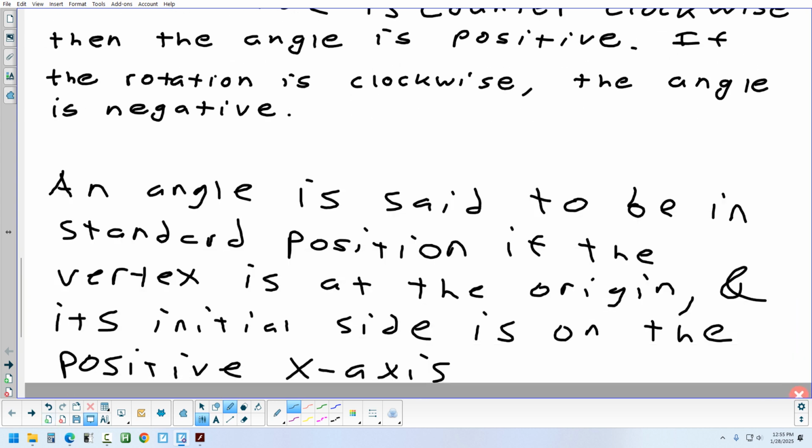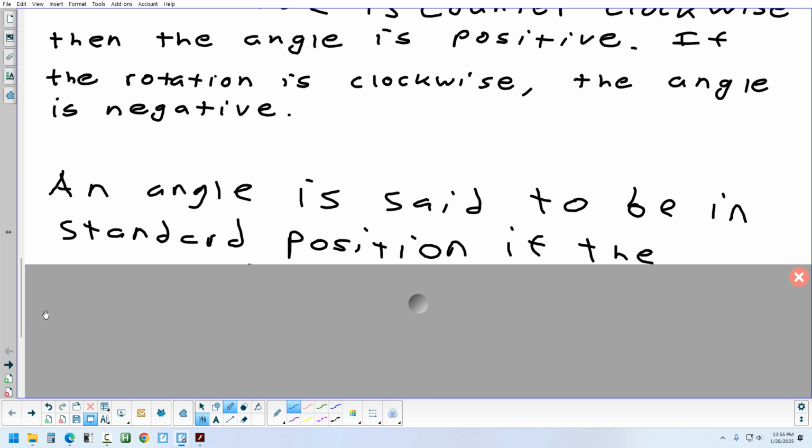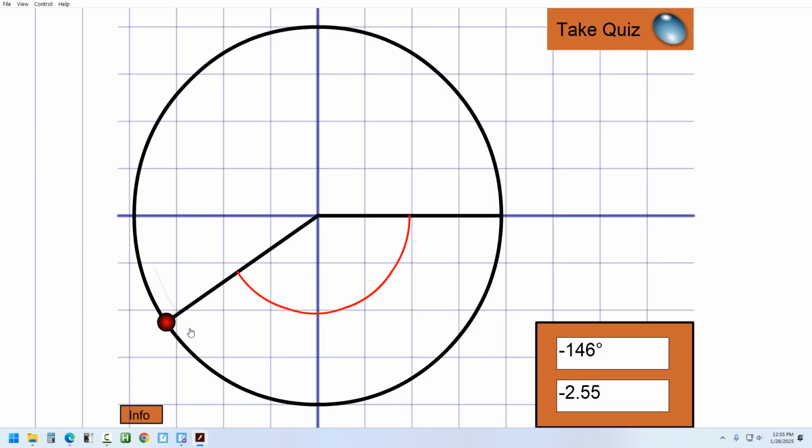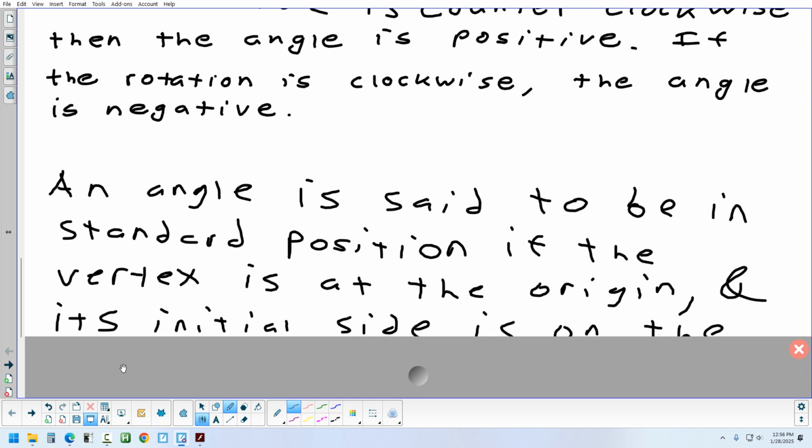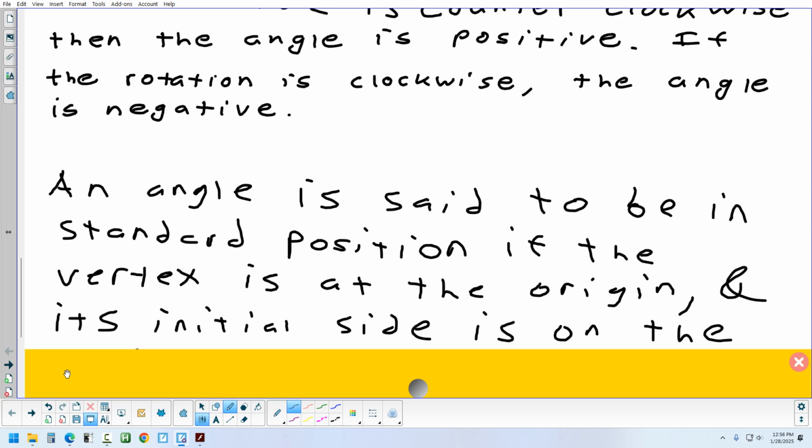Negative 180. So I told you that when you sketch an angle, to make the initial side easy to figure out, we normally draw it a certain way. All of the angles in this program have the initial side on the right part of the x-axis. If you draw your angle so that the initial side is on the x-axis and the vertex is at the origin, that's called standard position.